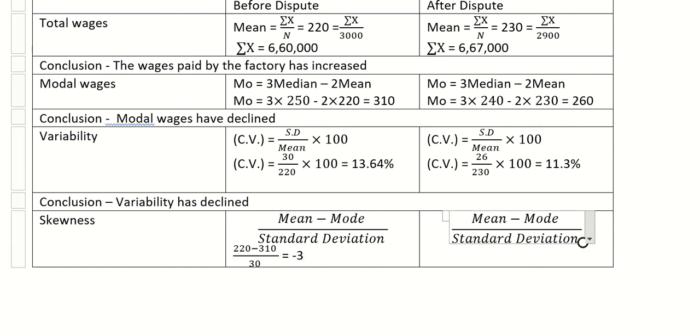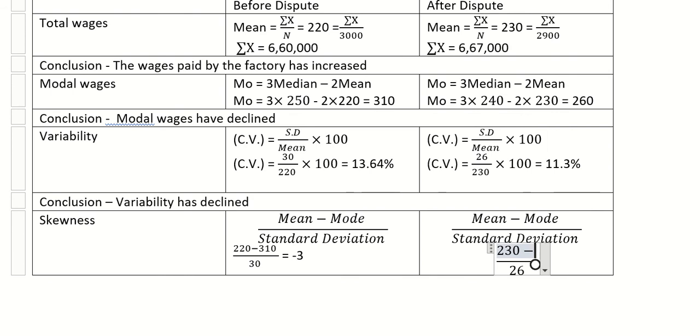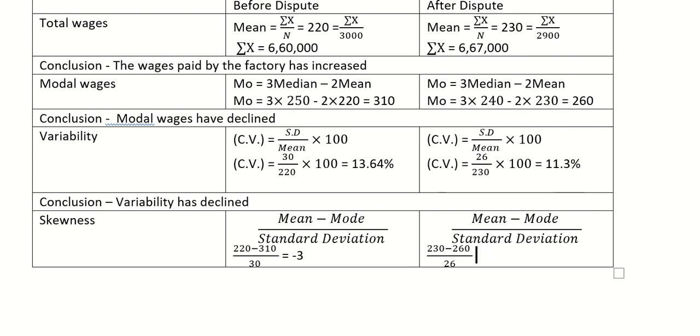Now we will apply this formula here. Standard deviation after the dispute is 26, and mean is 230. Mode we have calculated in part 2, 260. This 260 I will apply here, and the final answer we have got is -1.154.